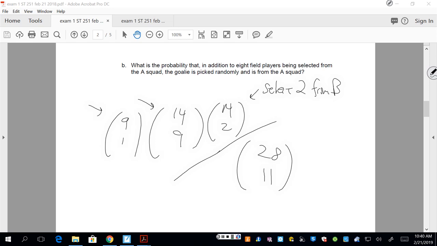So, yes? If we get to this step, can we use our calculator after this, or do you want us to show it out? Yeah, you can use the calculator to do that. Like this one, it's the same as 14 choose 5.